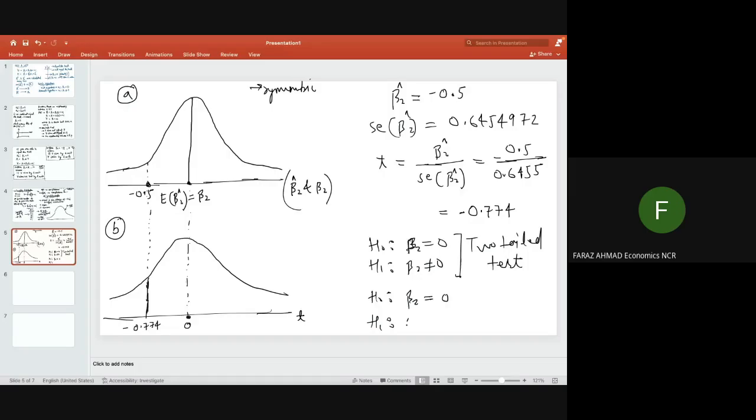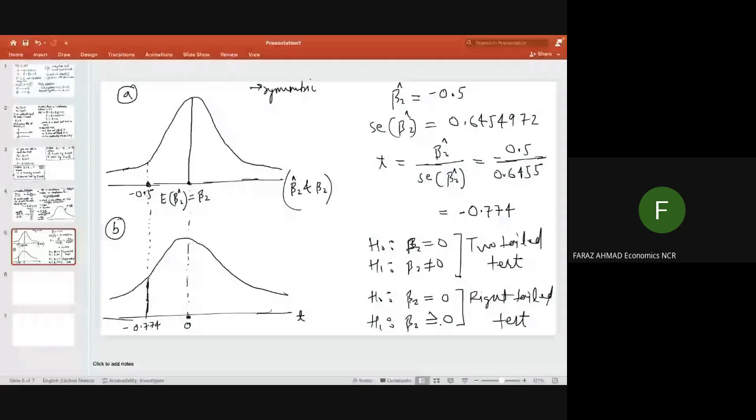Null hypothesis is beta 2 is equal to 0, and alternative hypothesis is beta 2 is greater than equal to 0. If we have a situation like this, it's going to be a right tail test. Right? And if you change the sign of the alternative hypothesis to less than equal to, it's going to be a left tail test. Right?